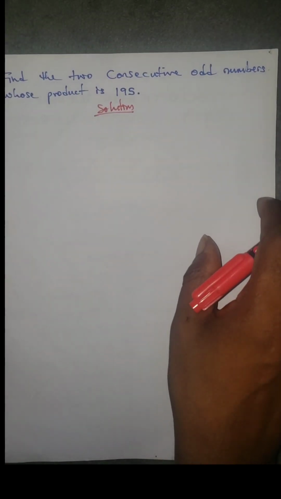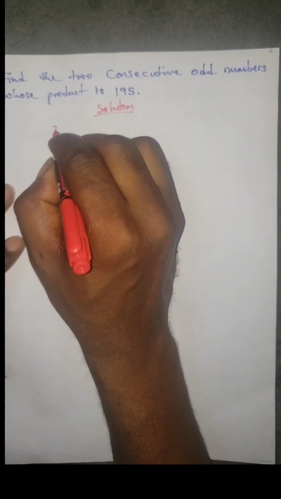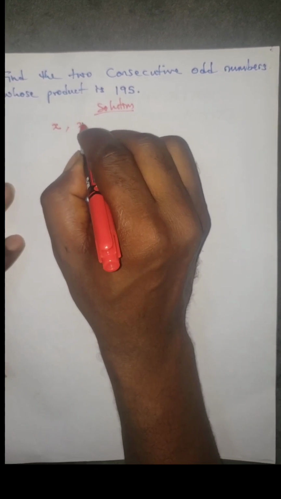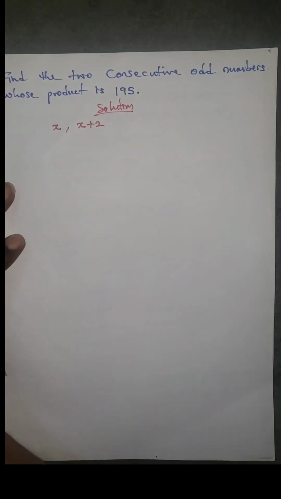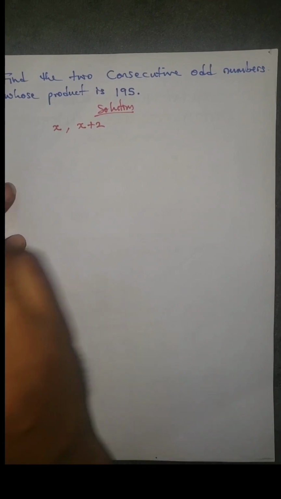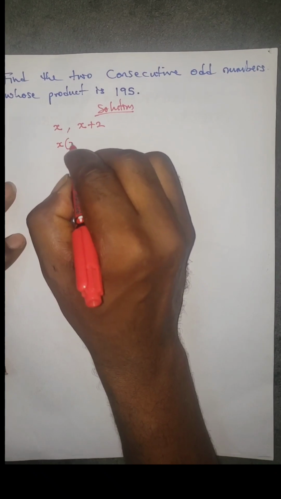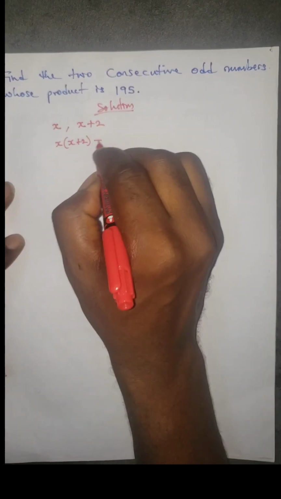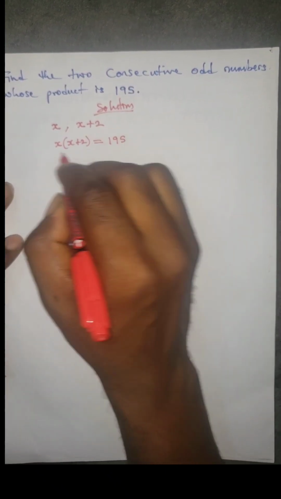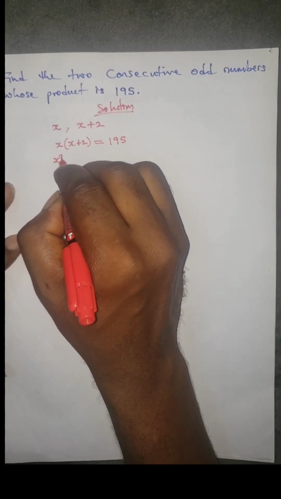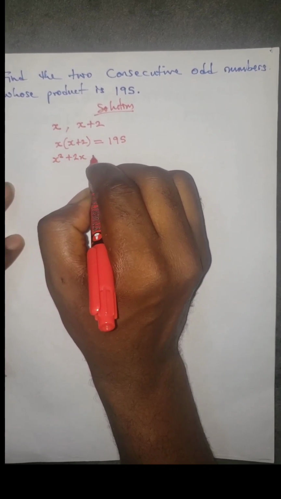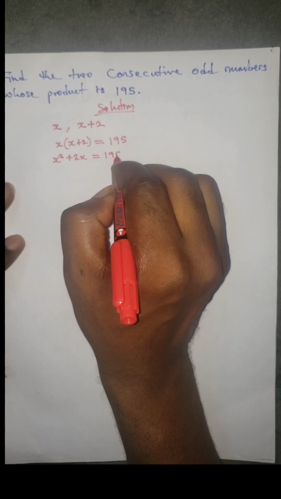Two consecutive odd numbers. So if the first one is x, the second one is going to be x plus 2. They say that the product of them is equal to 195. Therefore, x into x plus 2 equals 195. When you open this bracket, you have x squared plus 2x equals 195.